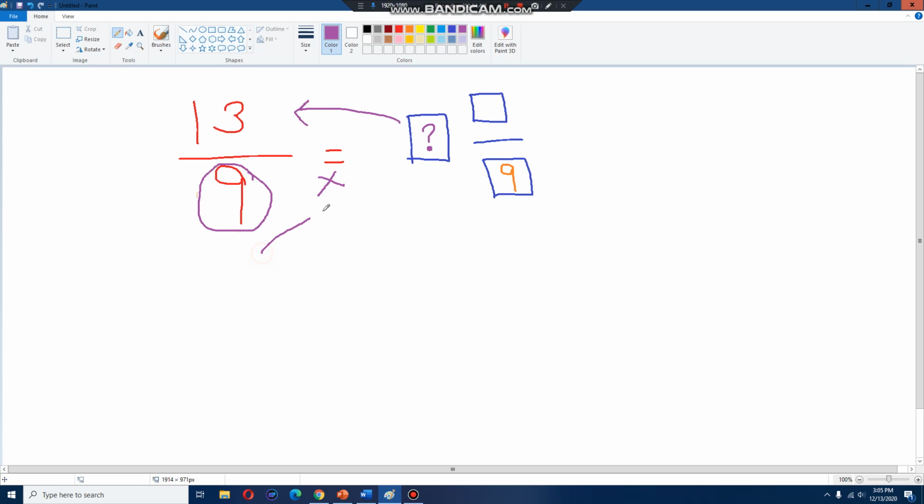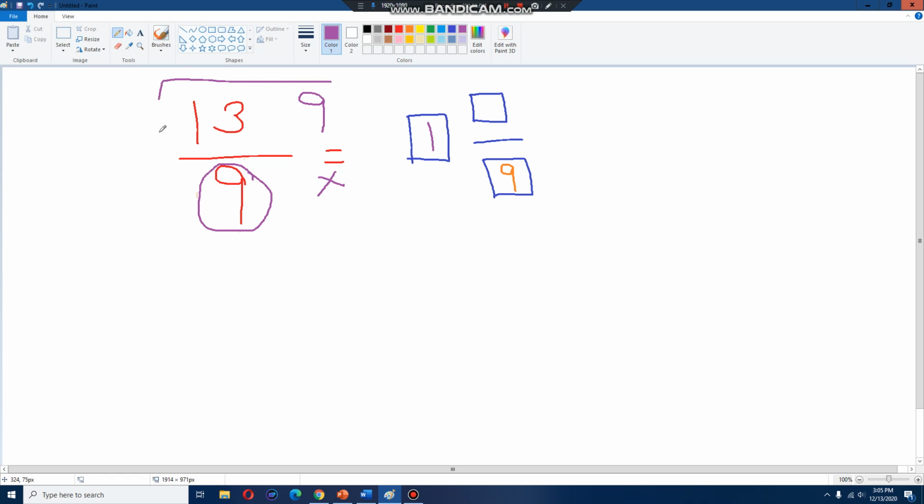The only number close enough to 13 is 1, because when I do 9 multiplied by 1, I get 9. 9 times 2 is 18. That's too big. 9 times 1 equals 9. That's the closest I can get to 13.